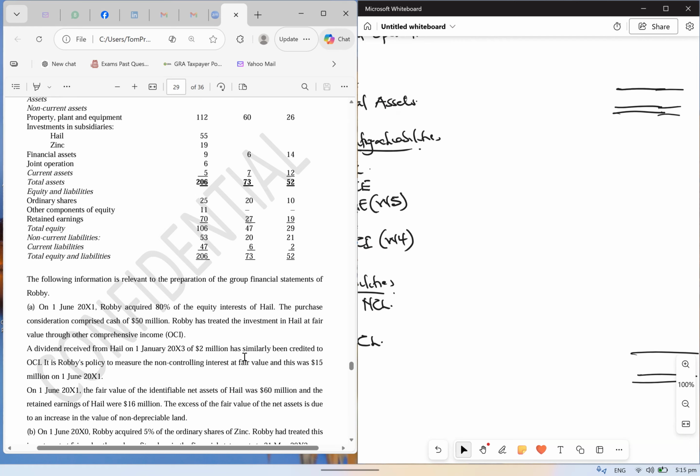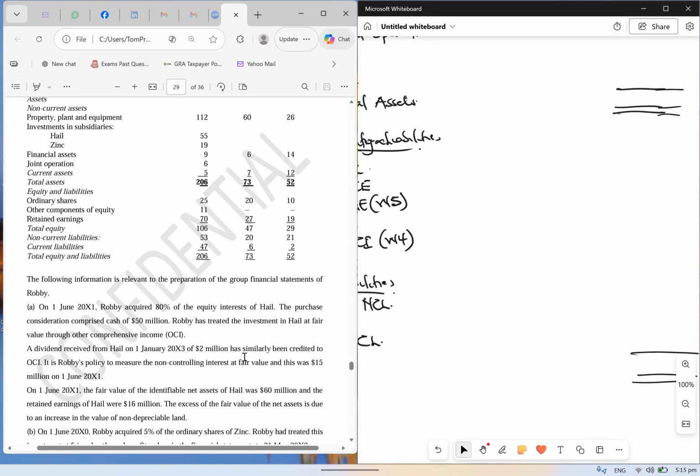Robbie has treated the investment in Hale as fair value through OCI. So it means that he has done 80% too, but he has treated the investment as fair value through OCI, meaning that any change between what is here and what is in the balance sheet here is a revaluation surplus that they have recorded in their OCI.